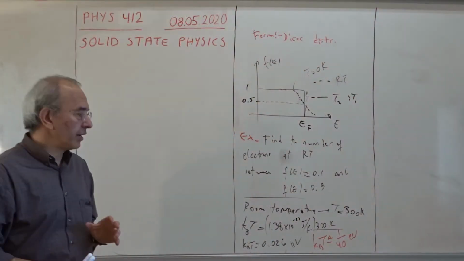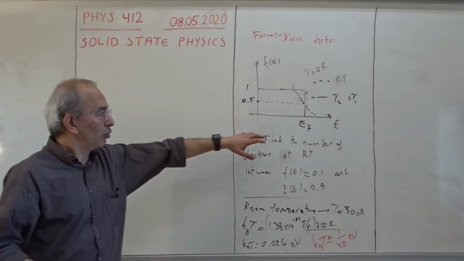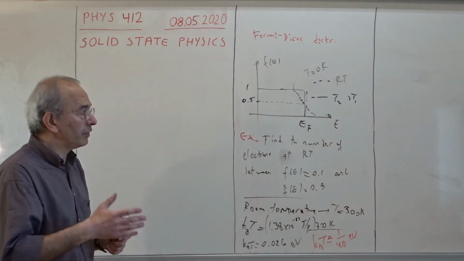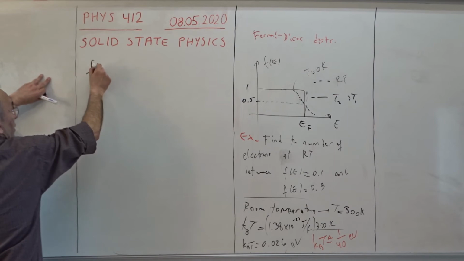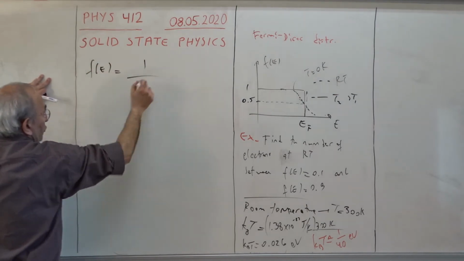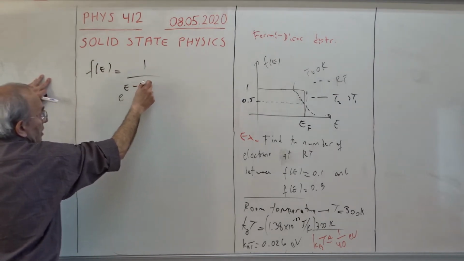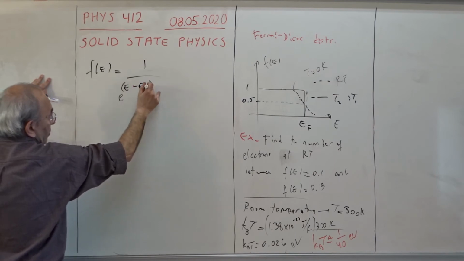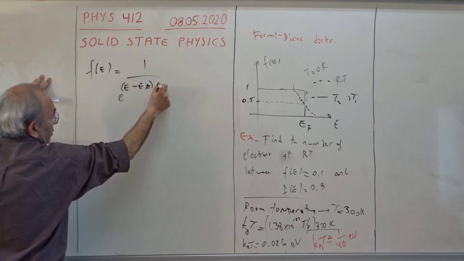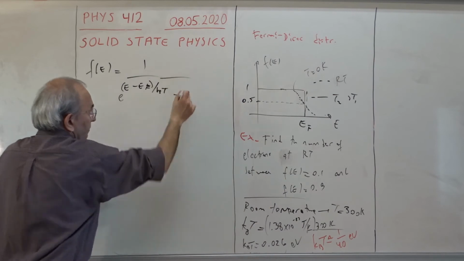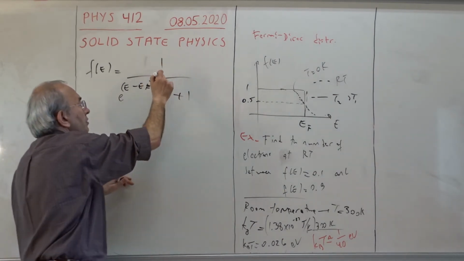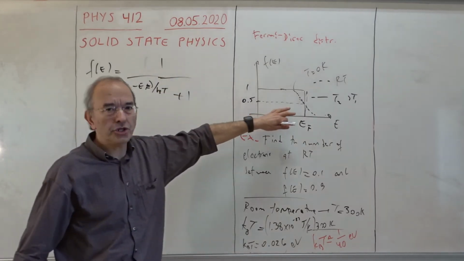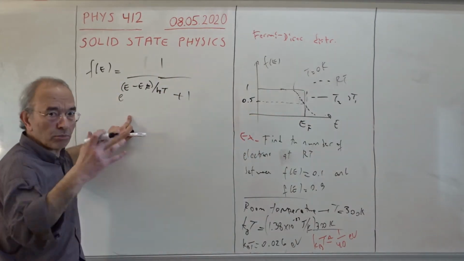Now in this case we are dealing with the probabilities. Let me write the expression for the distribution. F of E, remember, was 1 over e to the (E minus E_F) divided by k_B T, plus 1. This expression gives us the shape of this, and it gives us the probabilities.